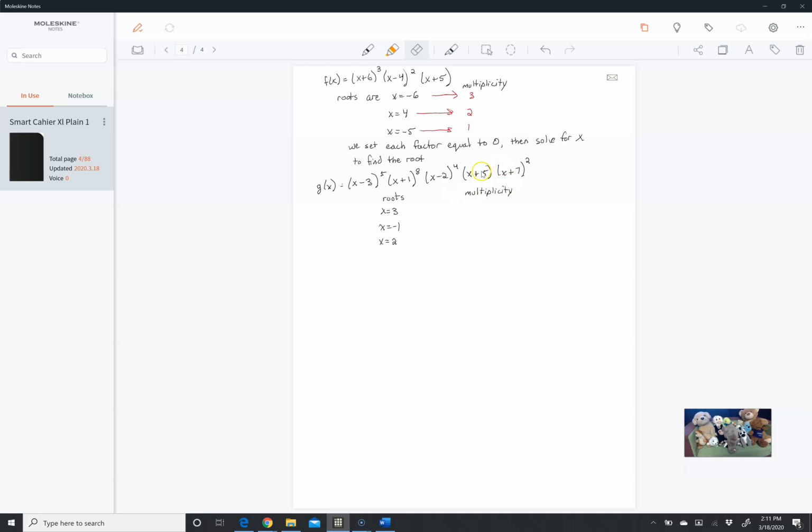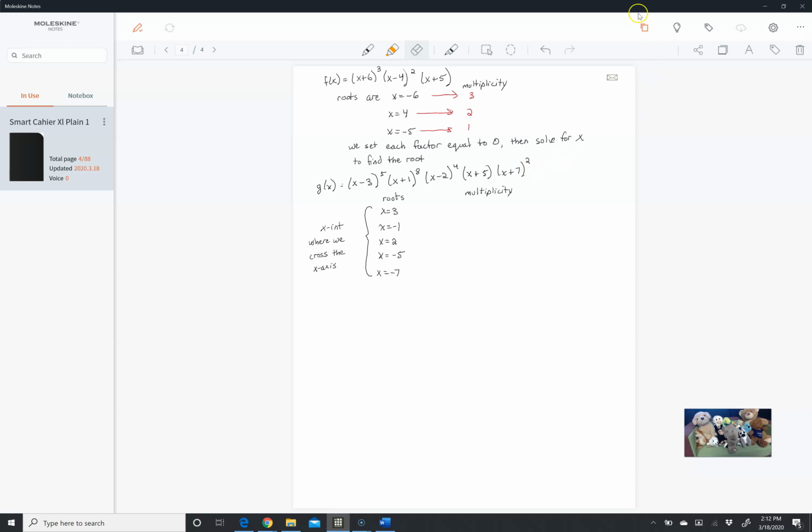From x plus 5, we have the root x equals -5. And finally, from x plus 7, we have the root x equals negative 7. And remember that the roots are also the x-intercepts. Okay, it's where we cross the x-axis, which becomes important because it tells us something about the graph.